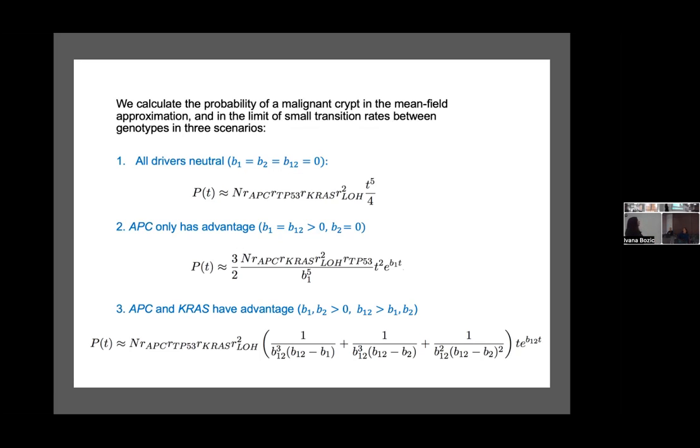Then what if only APC has a division advantage in colorectal crypts? And then the full model that corresponds to what is found experimentally, where both APC and KRAS have a division advantage. And these are relatively simple approximations for the probability of malignancy by time t.